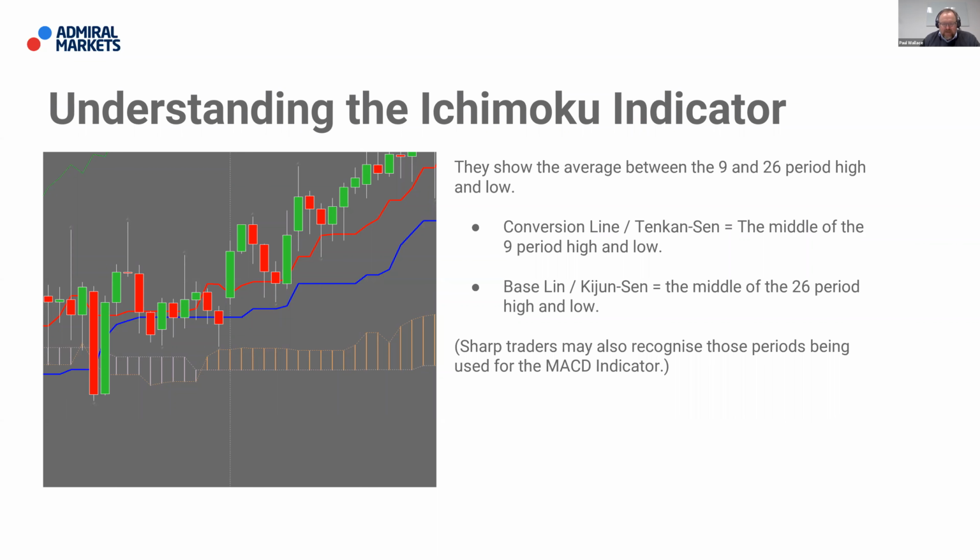The baseline, the blue line here, Kijun-sen, is the middle of the 26 period high and low. And as I said, sharp traders may also recognize those periods being used for the MACD indicator, but this isn't the MACD indicator. It's not a moving average. It's showing something different, and that's what helps us create this conversion line and baseline.